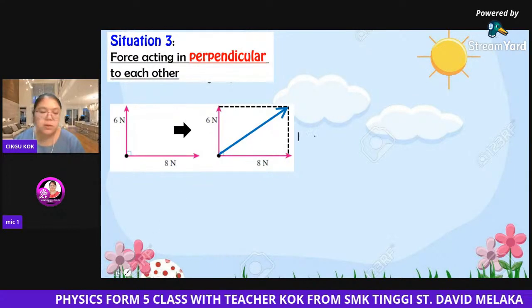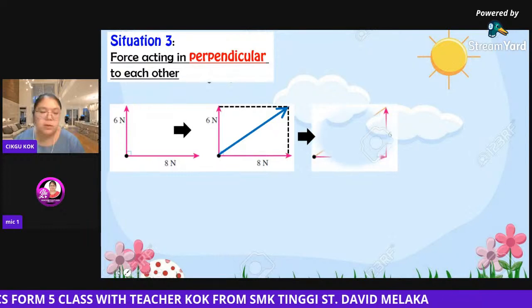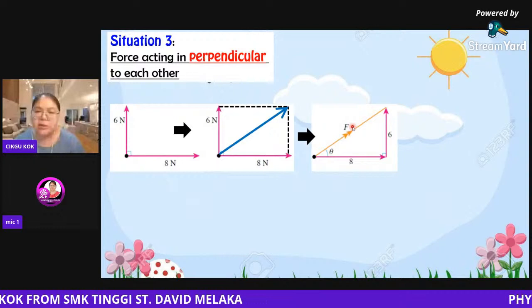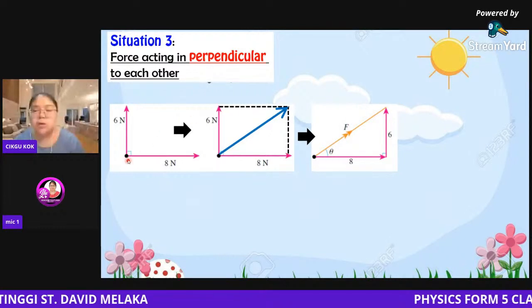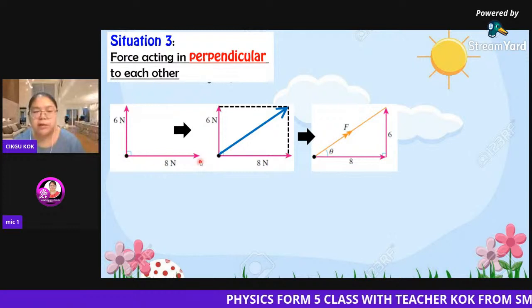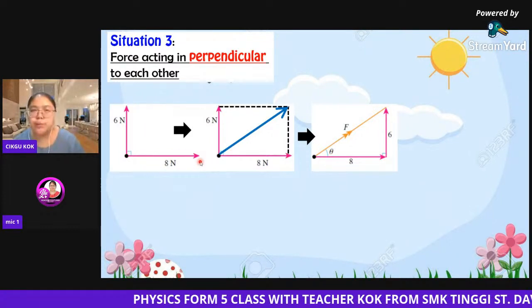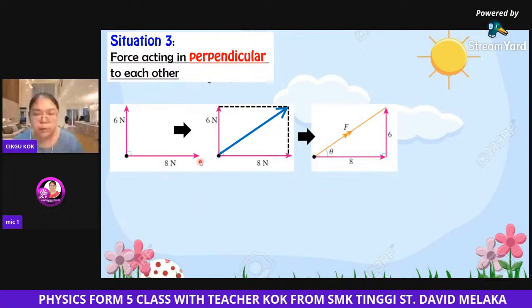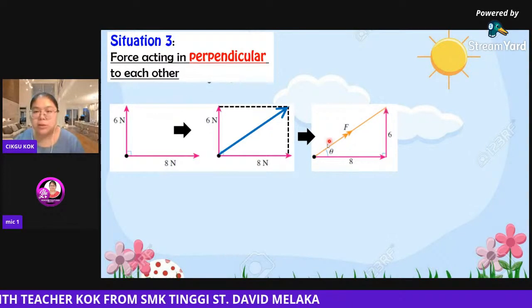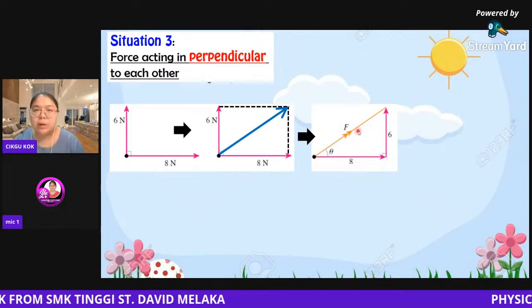This longest one we label as F. This F stands for resultant force. So if one force pulls 6 Newton up, another force pulls 8 Newton to the right, finally where does the object go? The object will move in this direction. So this we call the resultant force.